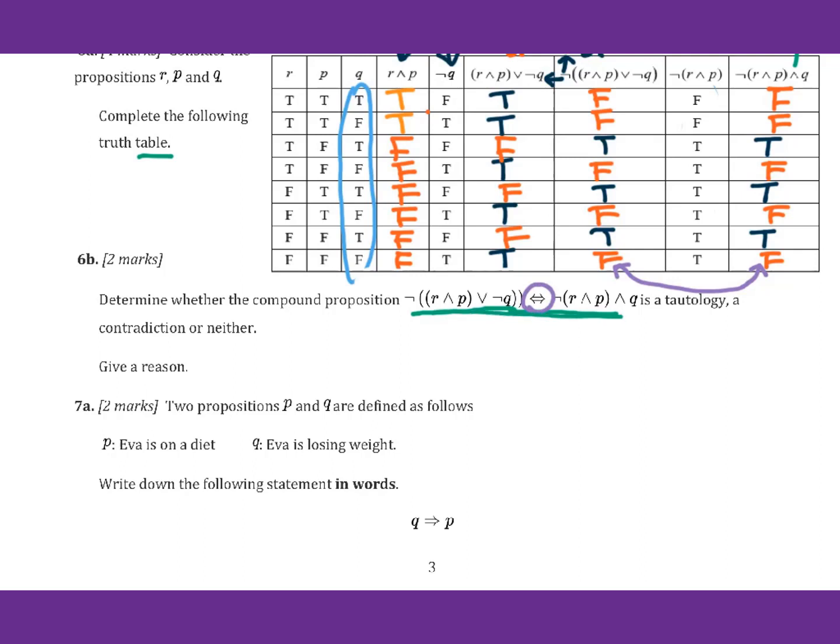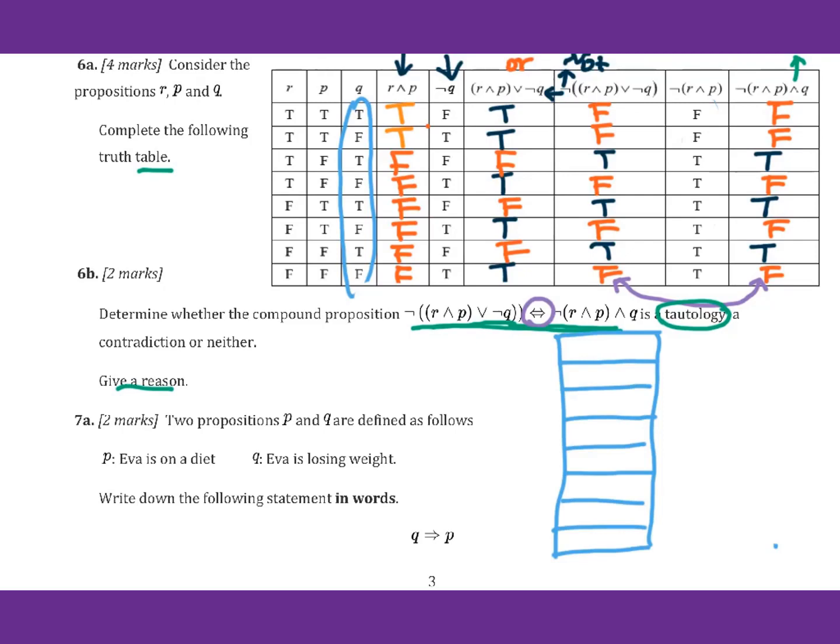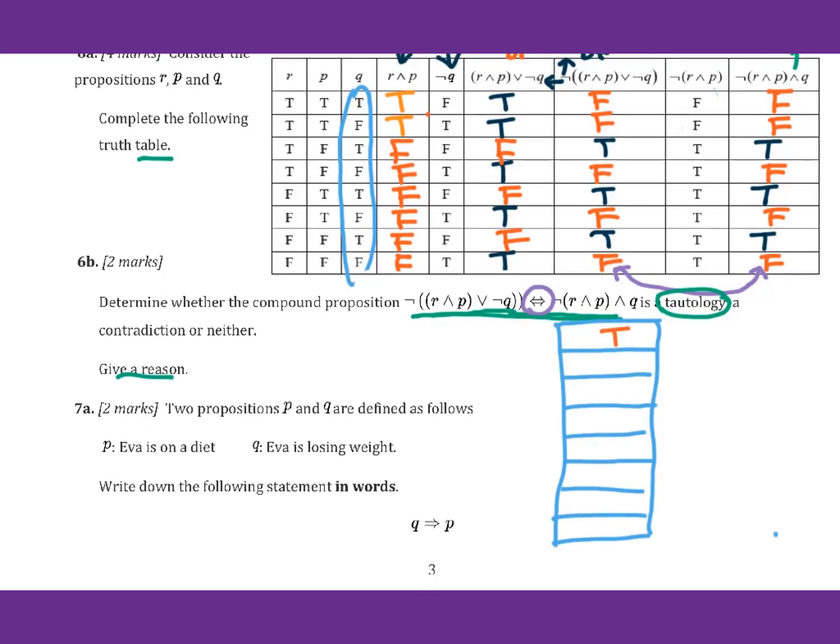Therefore, this will be a tautology. Give a reason. You can draw the truth table, then show the values in the truth table are all true. Another reason you can give is that these two have the same value in the truth table.